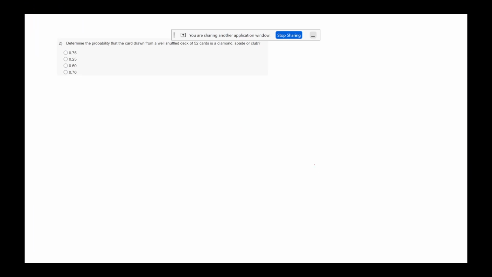So always in this kind of probability problem, try to focus on the language. So here the language is the probability that the card drawn is a diamond, spade or club.